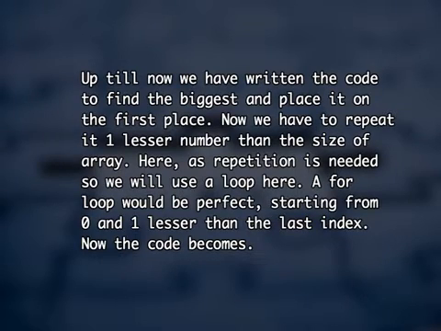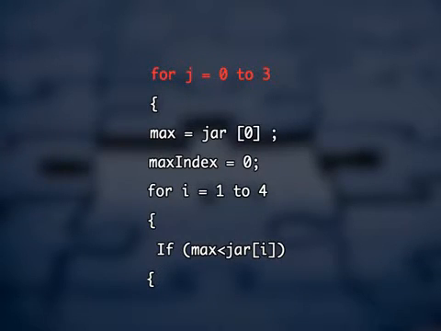Now we have to repeat it one lesser than the size of the array. Here, as repetition is needed, we will use a loop. A for loop would be perfect, starting from 0 and going to 1 less than the last index. Now the code would become like this.